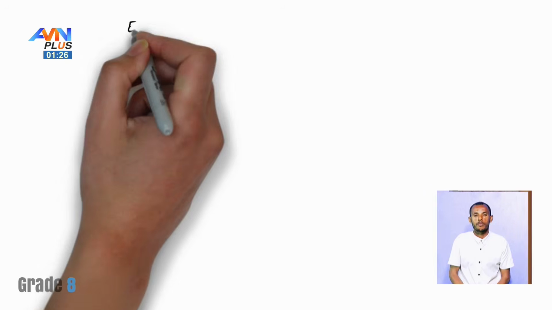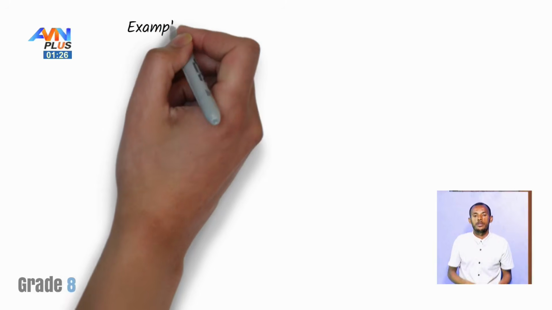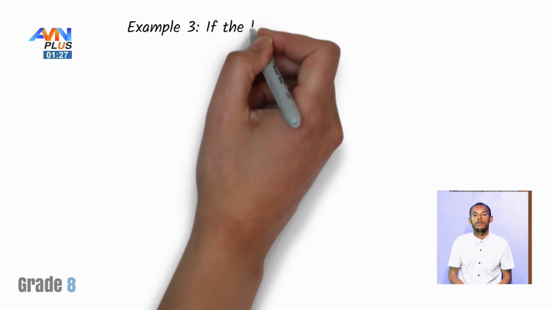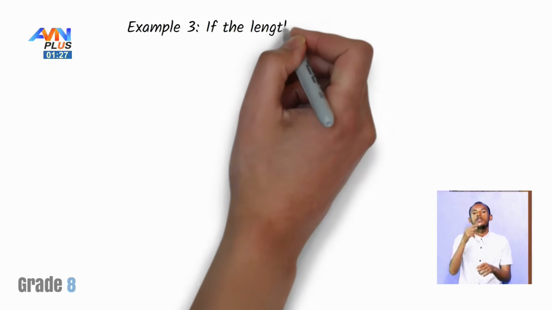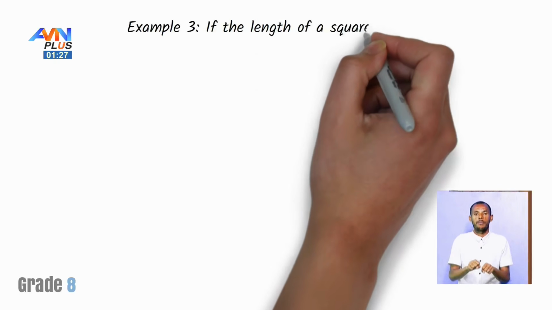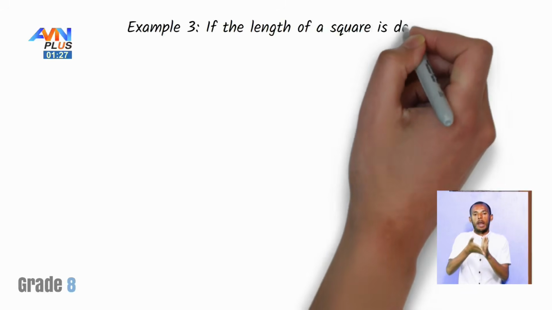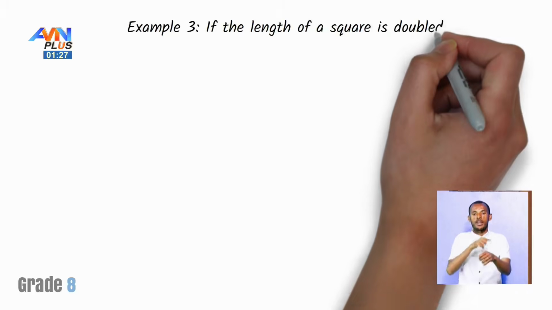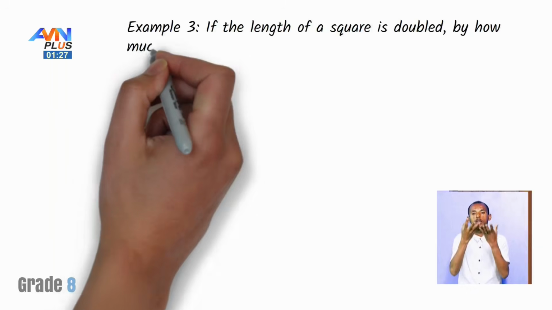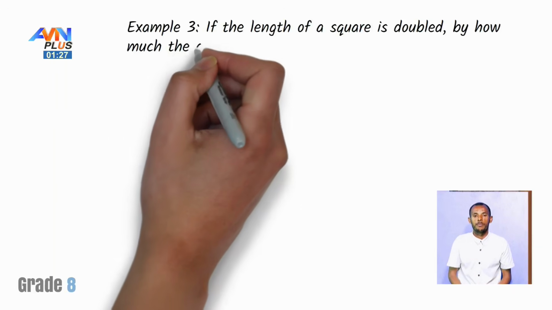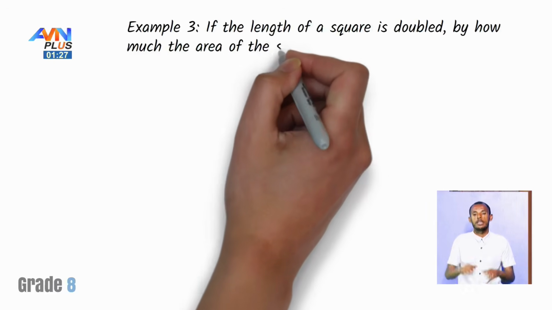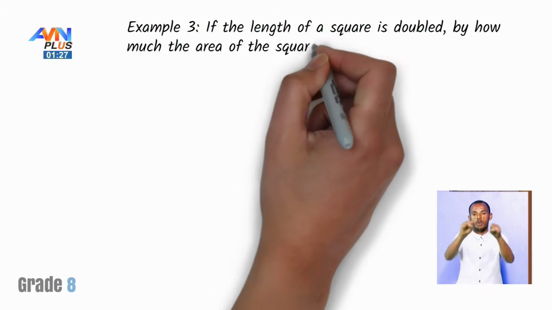The third example: if the length of a square is doubled, by how much is the area of the square changed?